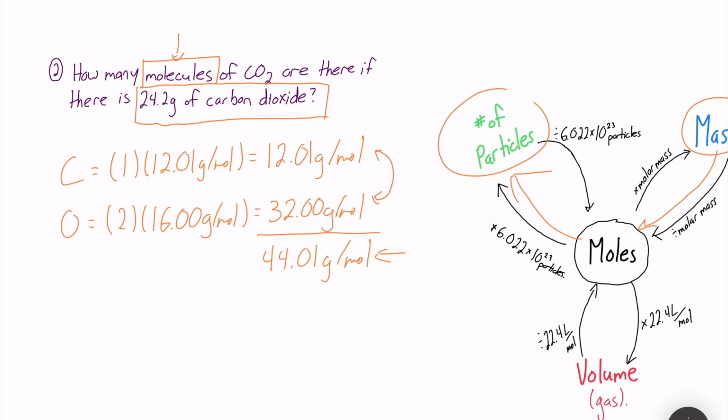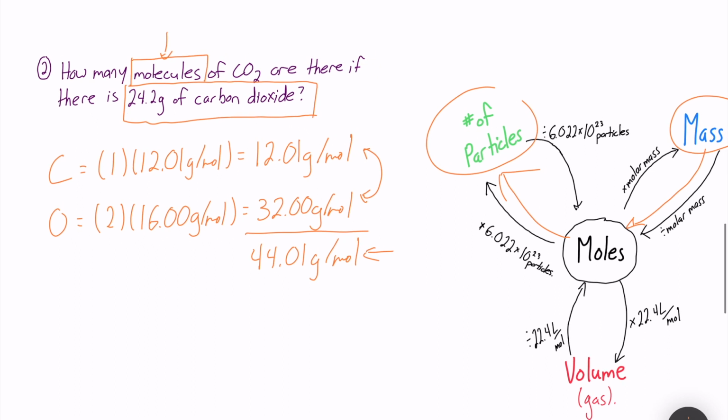Okay, so let's begin our question now. Let's write down exactly what we have. We are given, and we're starting with the mass of carbon dioxide. So we have 24.2 grams of CO2. We'll do a times sign and a line.